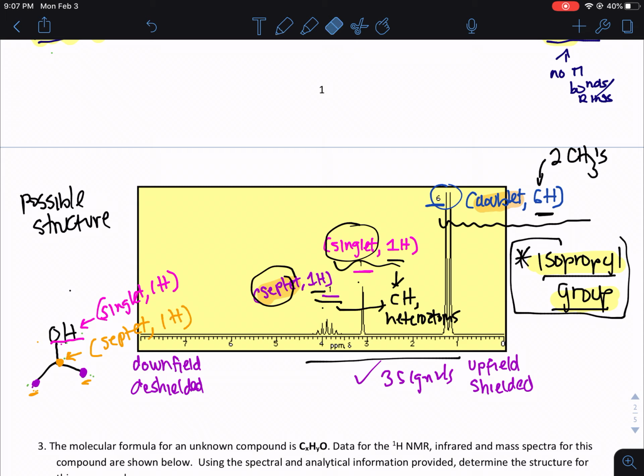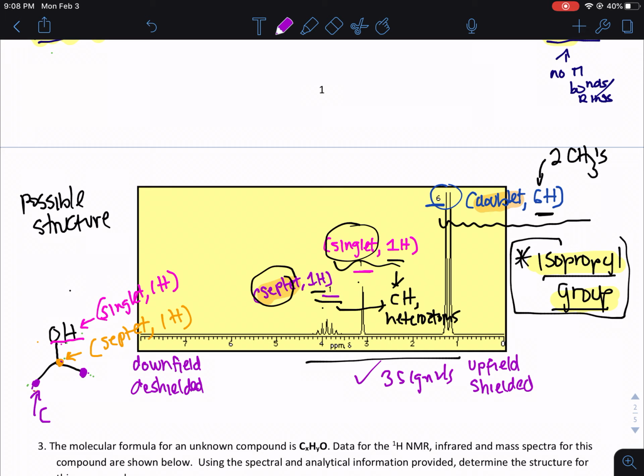Okay, so now let's look at the CH3. For both of these CH3, we're only going to get one signal because they have the same connectivity. They are adjacent to just one proton from this CH group in orange, right?